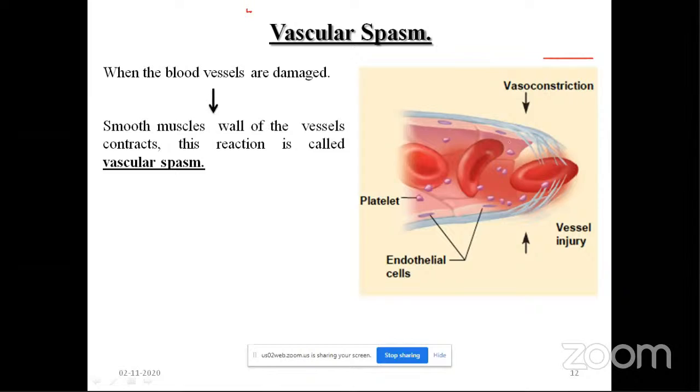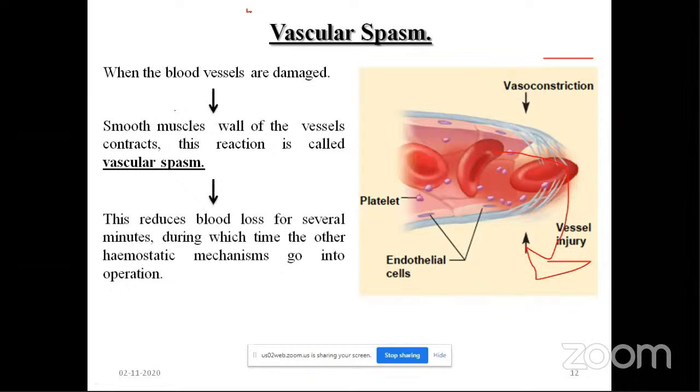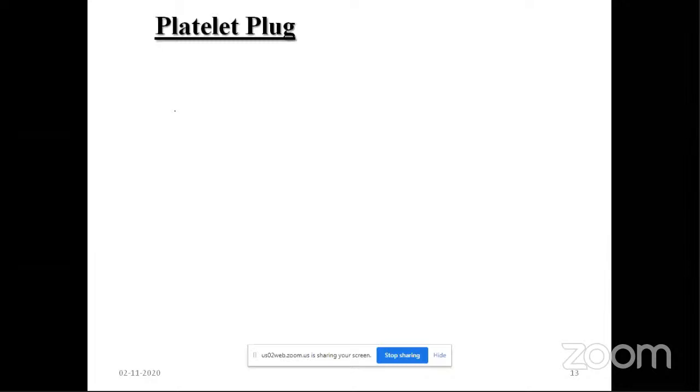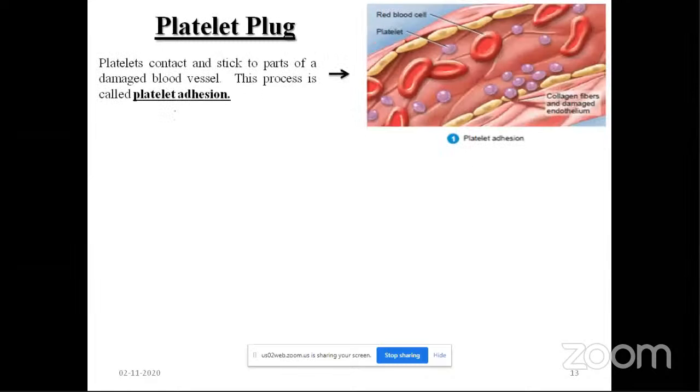Now, how to stop that? The smooth muscles involuntarily contract, a reflex vasoconstriction, the vascular spasm, and this reduces loss of blood from the damaged area for a certain period of time, maybe a few minutes, so that the other two important hemostatic mechanisms will come into play. Then the second is platelet plug formation.